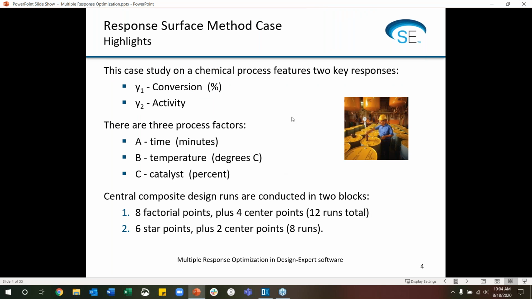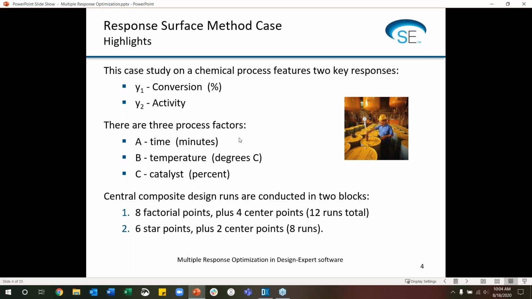So let's go ahead and get started. The case study that we're using is a chemical process that has two responses. Numerical optimization is generally used when you have multiple responses that you have to simultaneously optimize. So we have two responses, the percent conversion and the amount of activity.